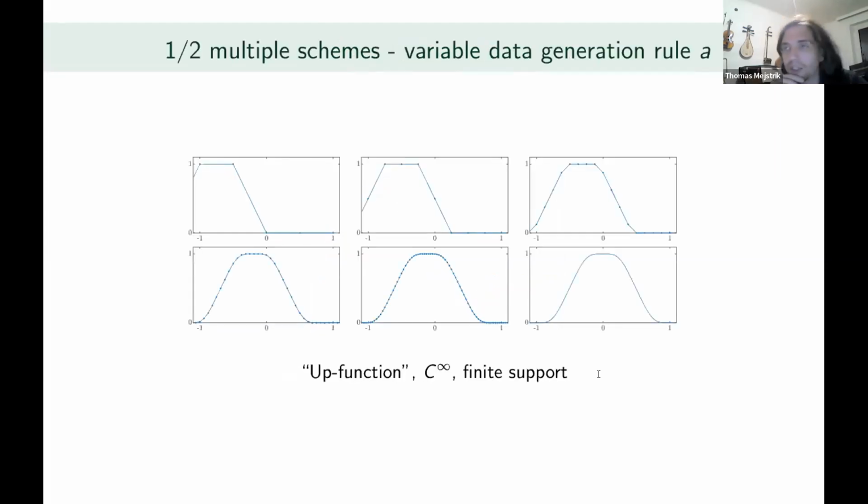So what else can we do with subdivision schemes? Up to now, we used the same subdivision process in each step, but of course we can use different subdivision rules in each step. Also in the very first talk today, the way how we cut at the edges was not fixed. So if we do this for a scalar subdivision scheme with curves, for example, we can produce functions which are C-infinity and have finite support.